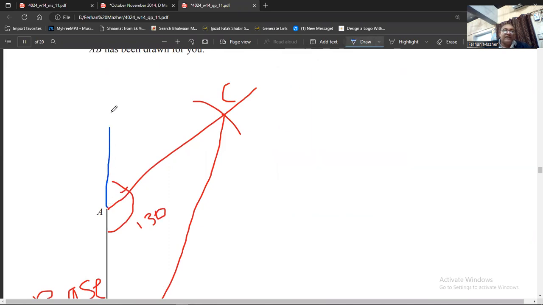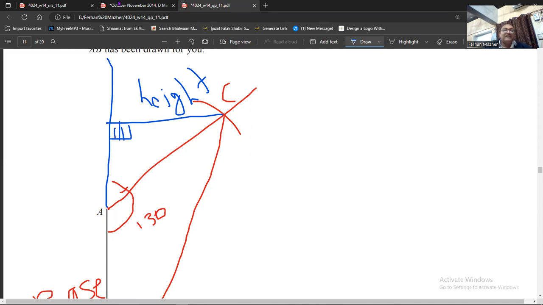The height will be here. This is the height. So I will measure this. This angle will be 90.